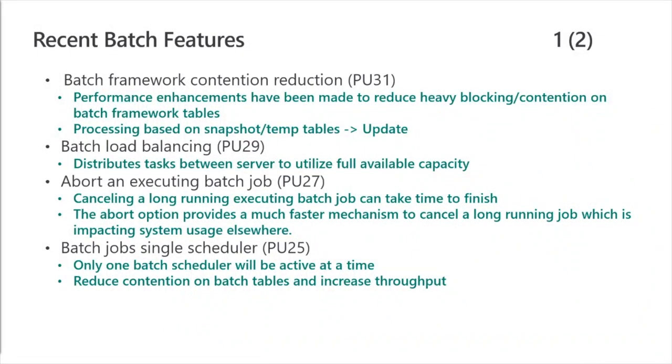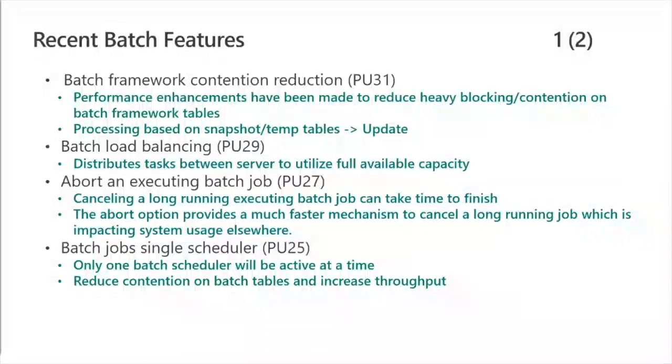We have added a possibility to abort an executing batch job in PU27. If a batch job is in status canceling, it could still be running for a very long time, and now we have added an option to be able to abort that.